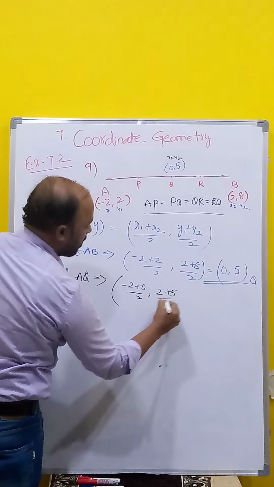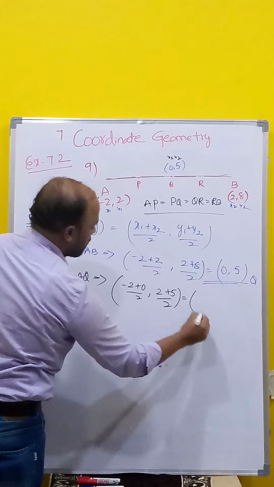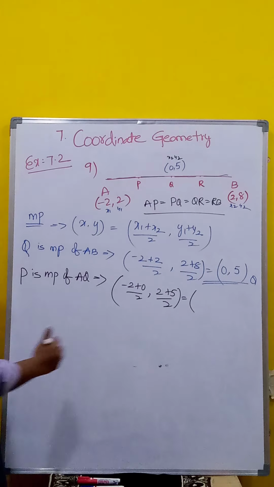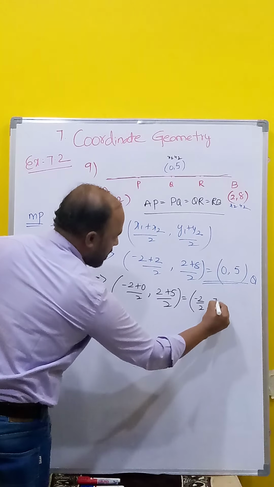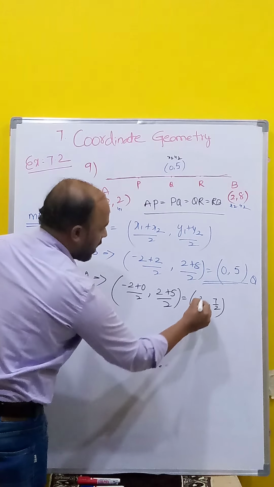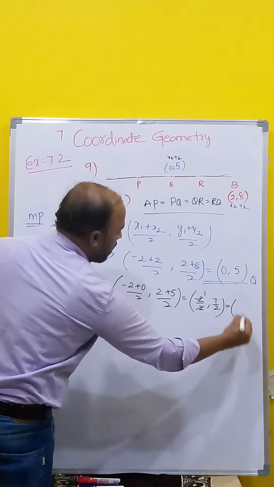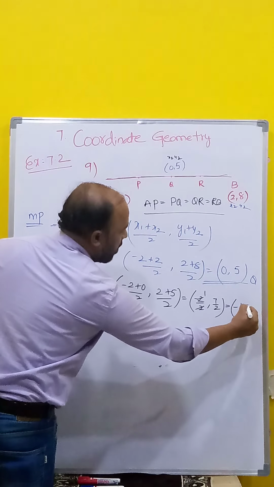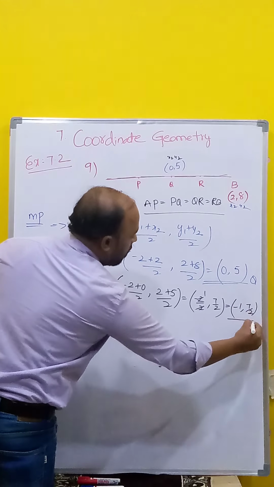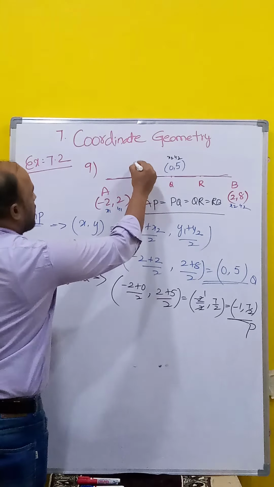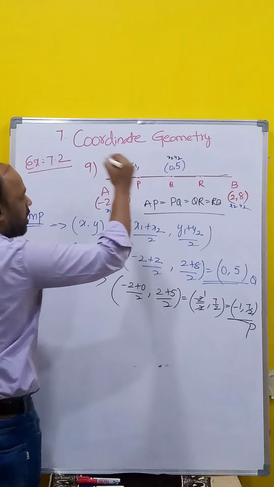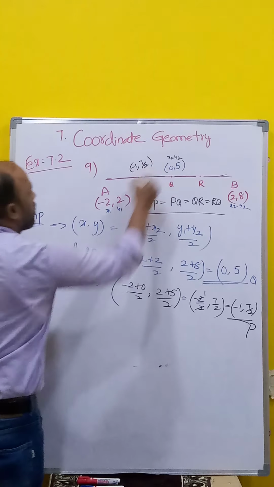Minus 2 plus 0 is minus 2 by 2 comma 2 plus 5 is 7 by 2. Cancel once. Then finally the answer is minus 1 comma 7 by 2. These are the P coordinates.